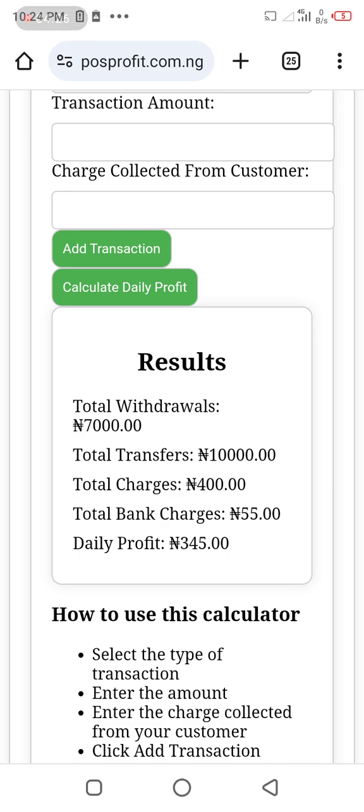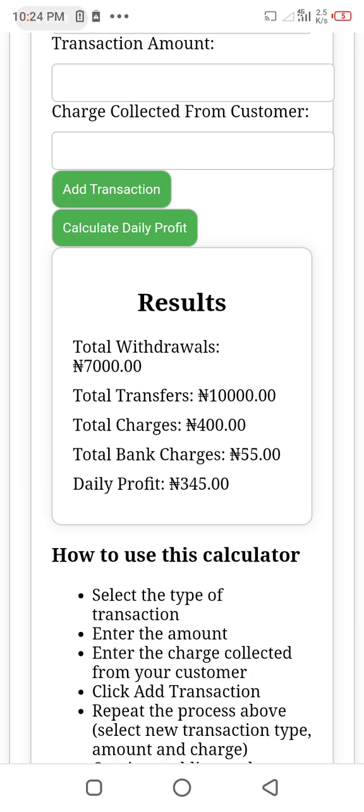Now it will give you the total transfers you did that day. It gives you the total charge that you collected from customers that day. Now it will give you the total bank charge, because as you do transactions, your POS provider will be charging you per transaction.